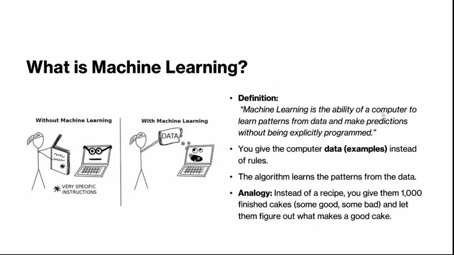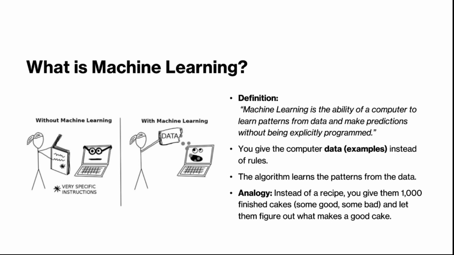Now, what is machine learning? Well, by definition, machine learning is the ability of a computer to learn patterns from data and make predictions without being explicitly programmed. So what does this mean?